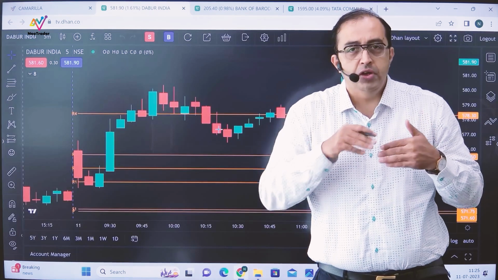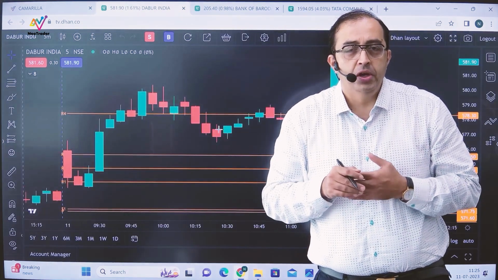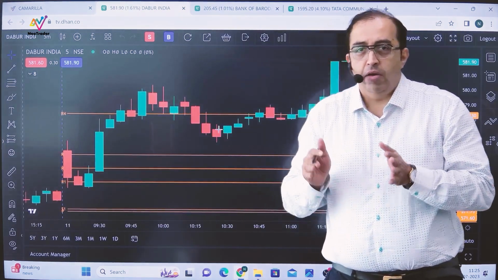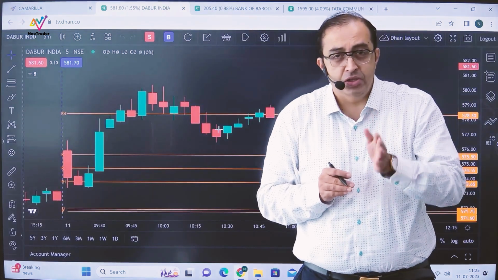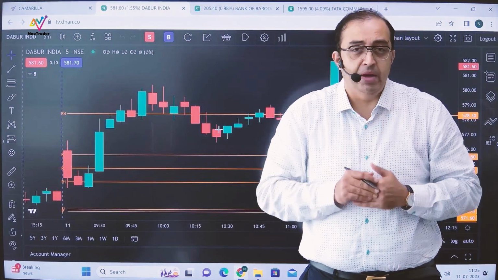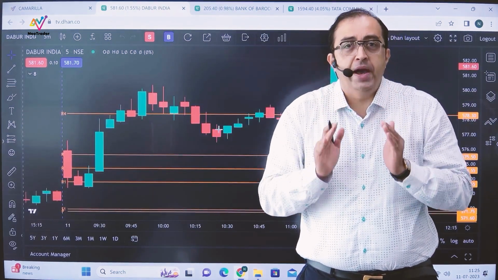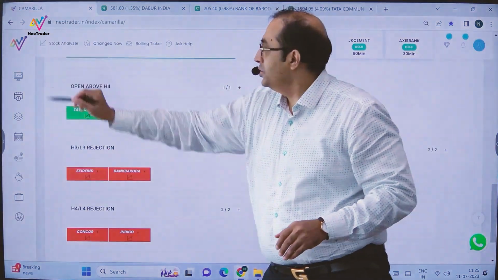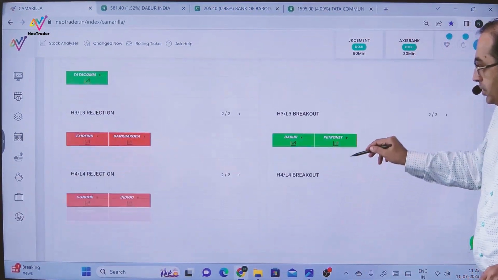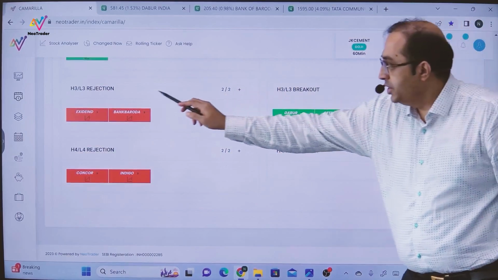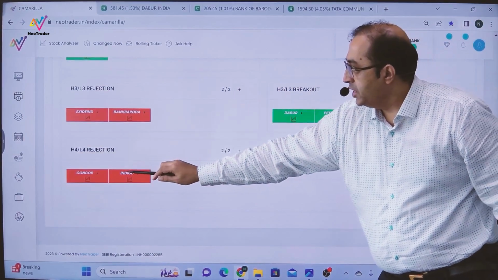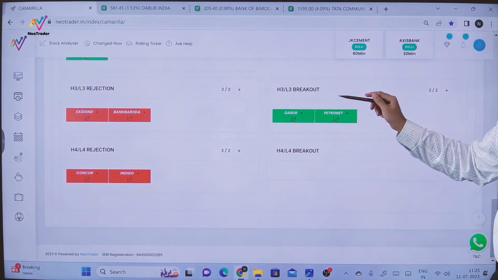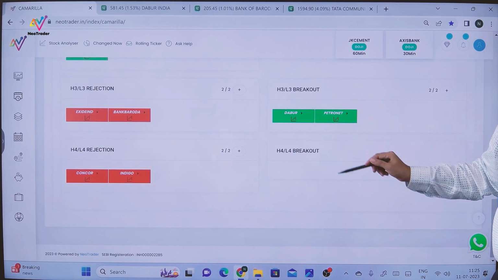If you just keep the Camarilla page open, you will get a very good idea of where the action is happening, in which stock it is happening, and at which level it is happening, so that you can prepare yourself to trade better. Now let's check out the other ones. You can see here there is rejection at H3, at H4, and breakout at H3 and H4.